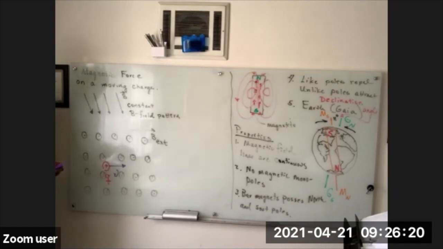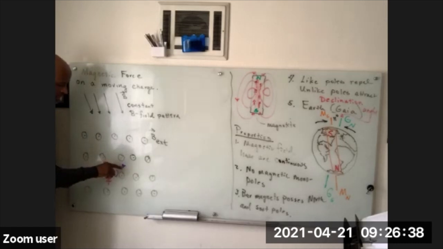So empirically, if we have these quantities, external magnetic field, charge, and speed, it turns out that the magnitude of the magnetic force is related to those things and is related to the angle between the direction of the velocity and the direction of the magnetic field.